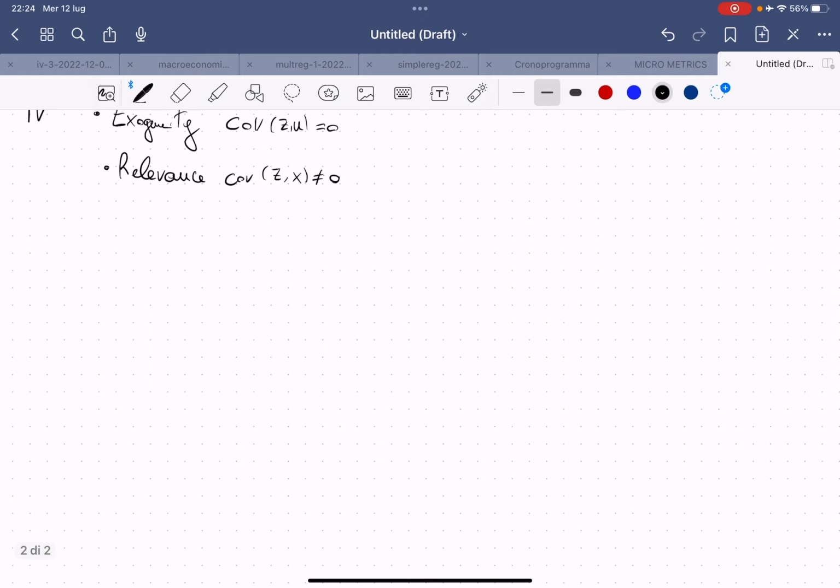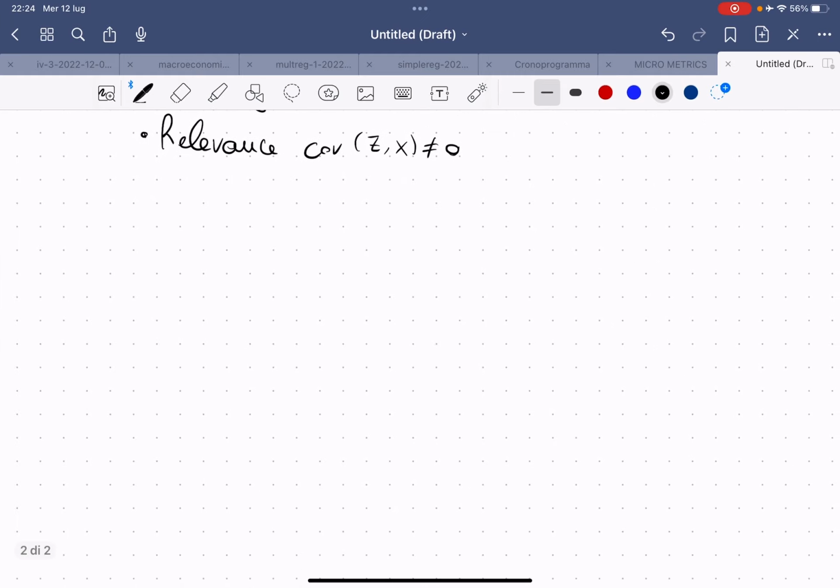So we now derive our estimator. To do that, we need to compute the covariance between Z and Y. We know that Y is equal to beta 0 plus beta 1 times X plus the residual.